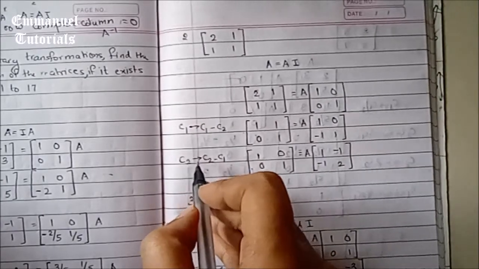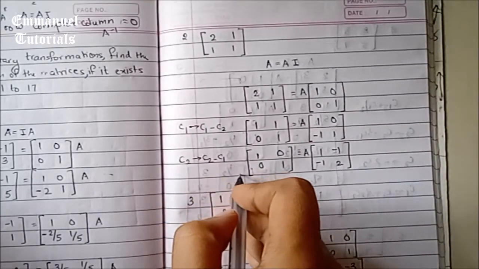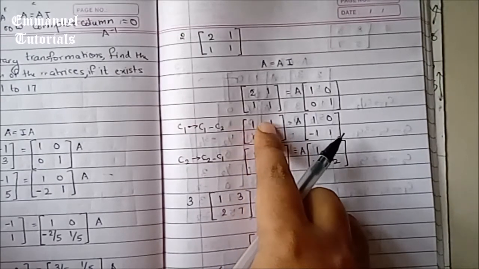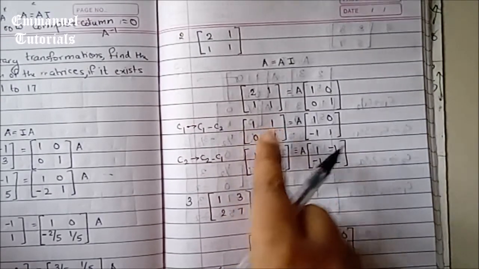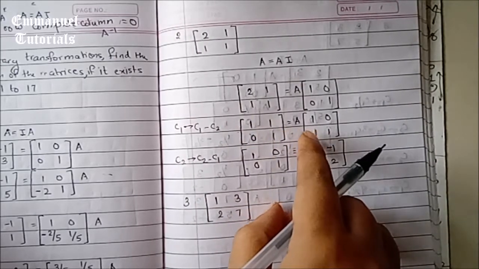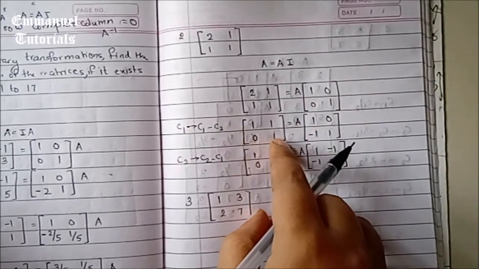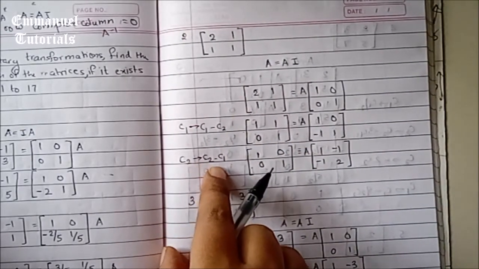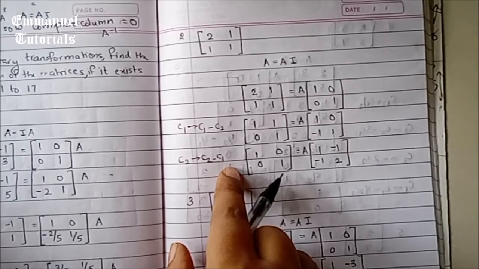Similarly, for the next transformation, we need the second element of the first row to be 0. To make that 0, you can just subtract the first column from the second column. So we can write it as C2 is given by C2 minus C1.